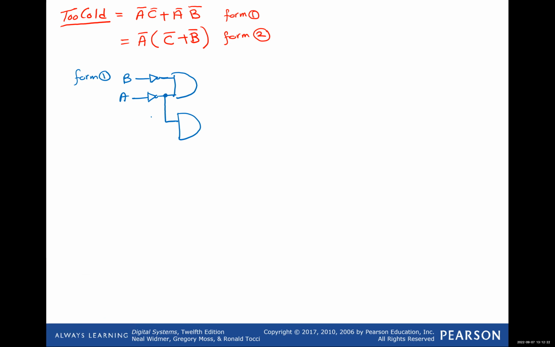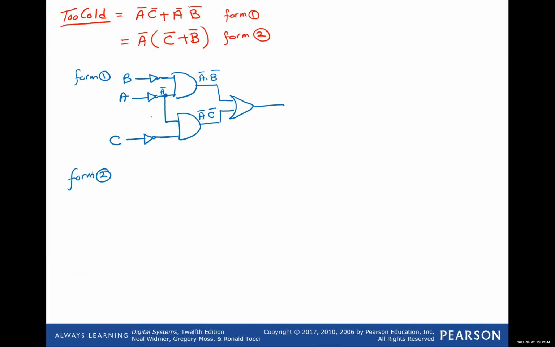Again, it's going to come here, and this is your C. The output here is A complement, which is this part, and it with C complement. And then you're going to be ORing those 2 together. So that's one way to do it.